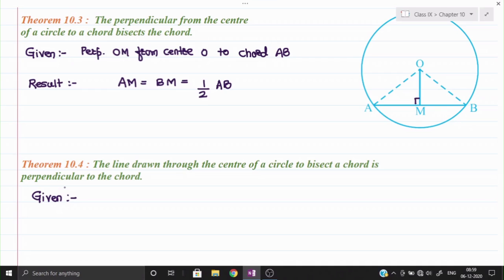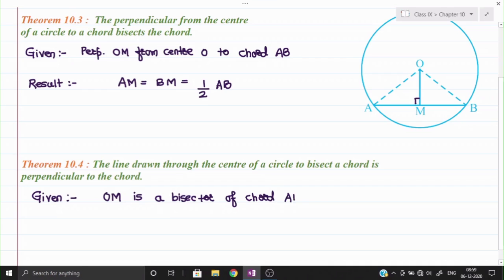Suppose that line is OM and it is bisecting the chord AB. So OM is a bisector of chord AB. That is given in the question.